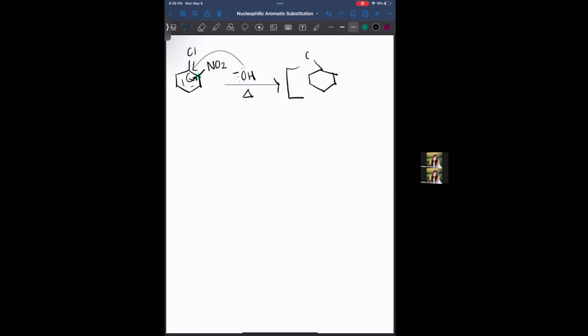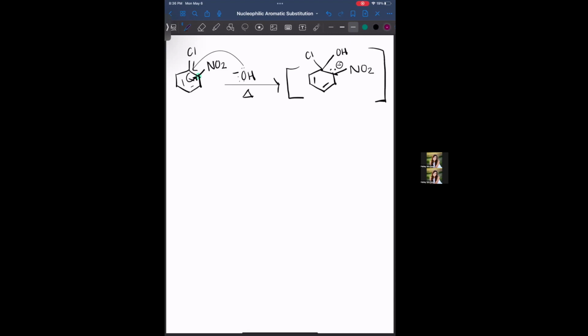So we're going to have our halogen, our Cl, and we're going to have our nucleophile at that same position, and then our electron withdrawing group unchanged, and then our lone pair of electrons right there. And then these two bonds are going to stay the same.